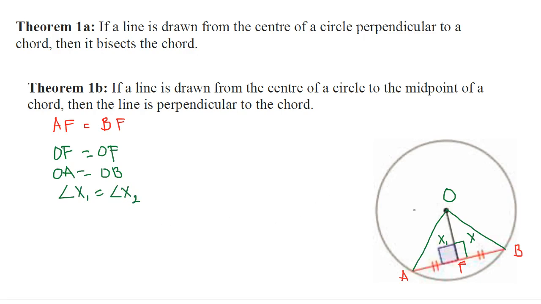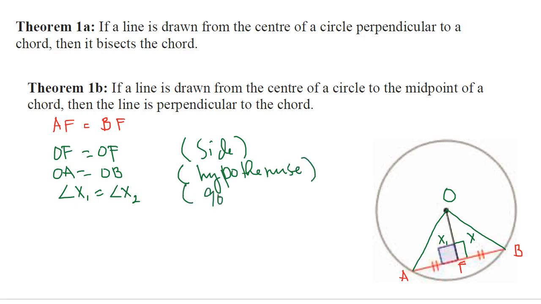The test of congruency says that we have OF, a side, which is equal in both, and then OA is equal to OB, the hypotenuse, and then we have 90 degrees, both of them.